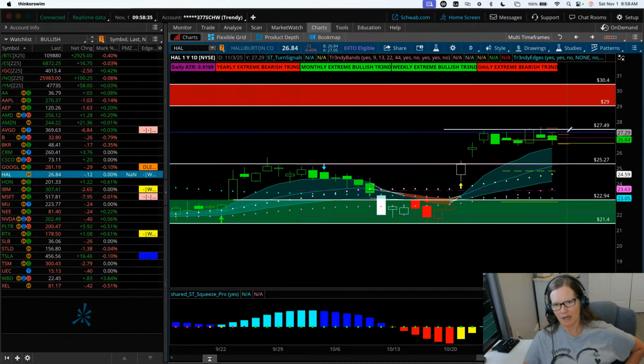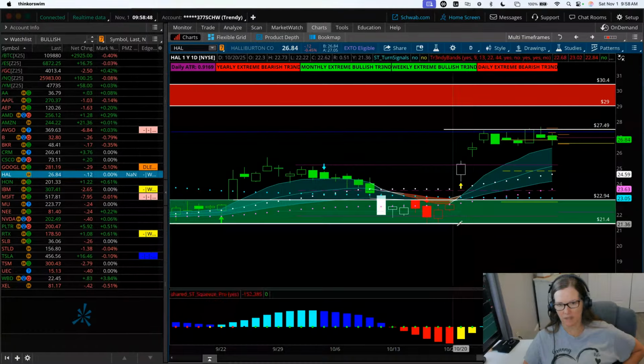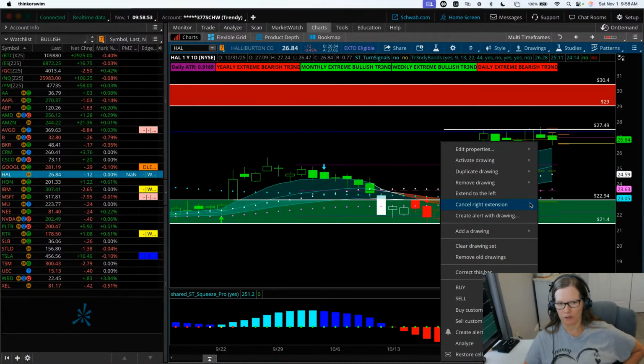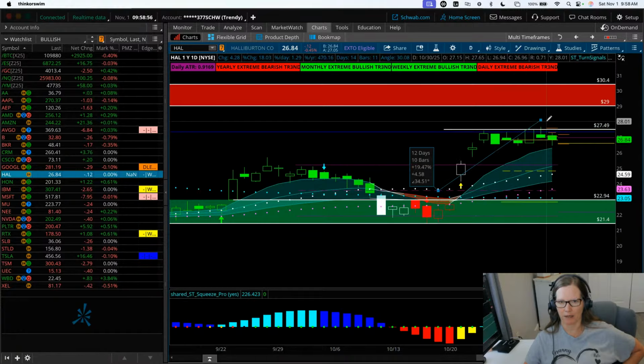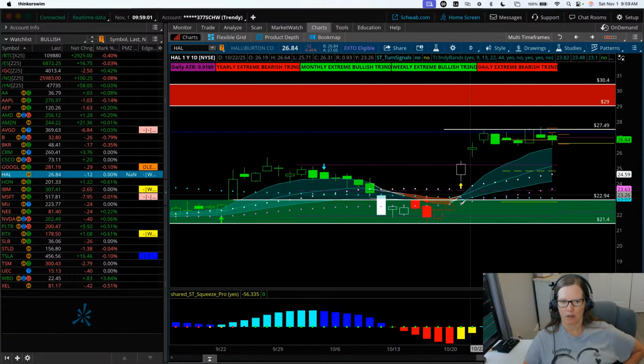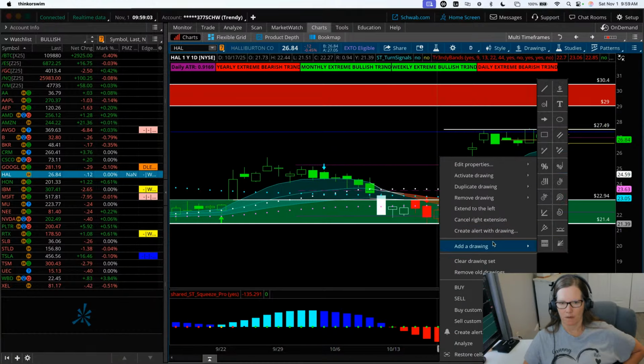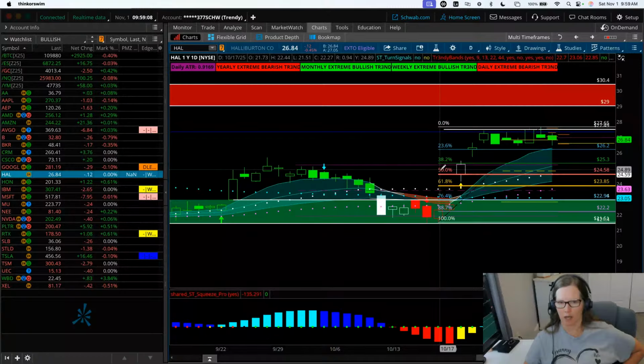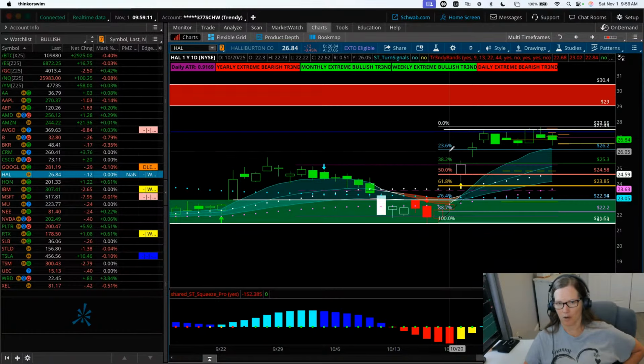So if you play this as a momentum play, it would be above 27.49 and you're targeting 29 to 30 and a half. If you wait for a dip buy, this is a beautiful buy zone down here, or you can use fibs from where this rally began up to the high and look for the Golden Pocket or the Bull Channel.